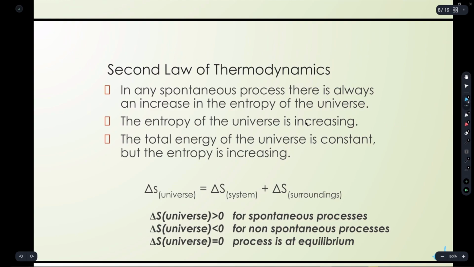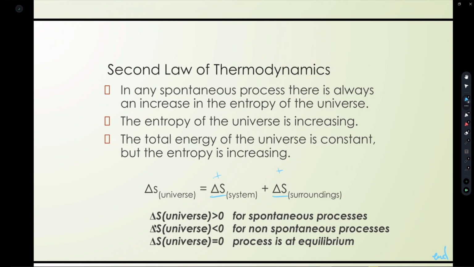For the final part of this lesson, we're going to be explaining the second law of thermodynamics, which states that any spontaneous reaction increases the entropy of the universe, meaning the entropy of the universe is always increasing, which tells us that both delta S of the system and delta S of the surroundings can be positive at the same time, and thus it will result in a spontaneous reaction.